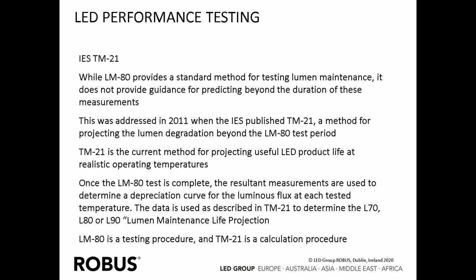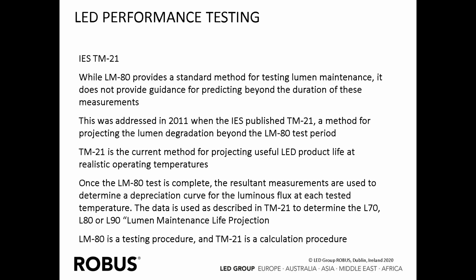So TM21 is a current method for projecting useful LED product life at realistic operating temperatures. When we say realistic, we mean those that the product would incur during its normal operation. Once the LM-80 test is complete, the resultant measurements are used to determine a depreciation curve for the luminous flux at each tested temperature.